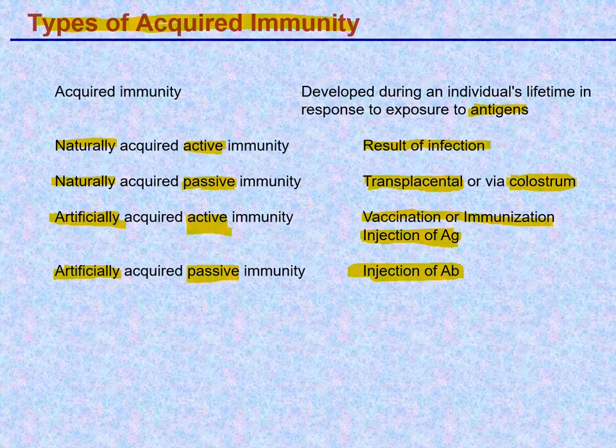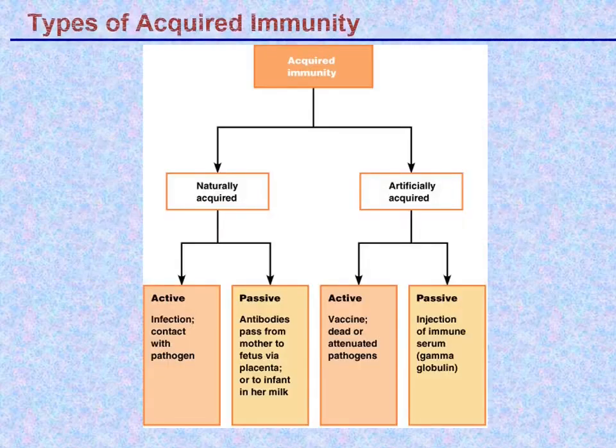So that's artificially acquired passive immunity. And the last slide here reviews that and presents it in the same way. There's natural, there's artificial acquired, there's active and passive: natural active and passive, artificial active and passive. And that's the end of Unit 6B, Part 2.